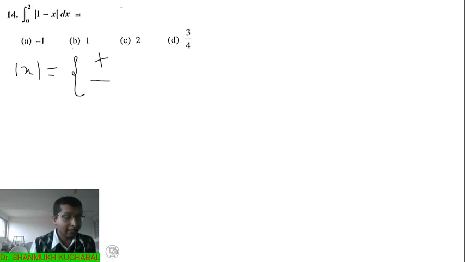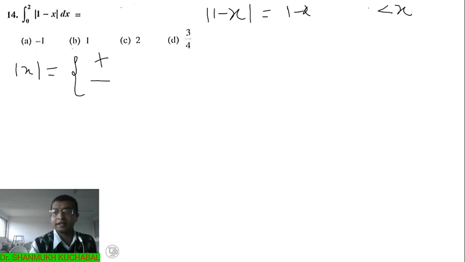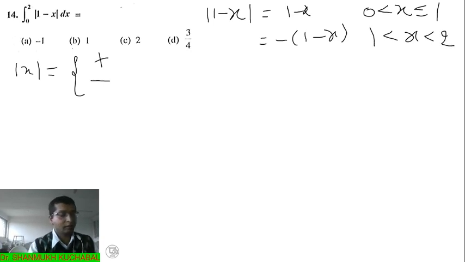So we can clearly observe that mod of 1 minus x is positive if x is greater than 0 and less than or equal to 1, and it is minus of 1 minus x if x is greater than 1 and less than 2.